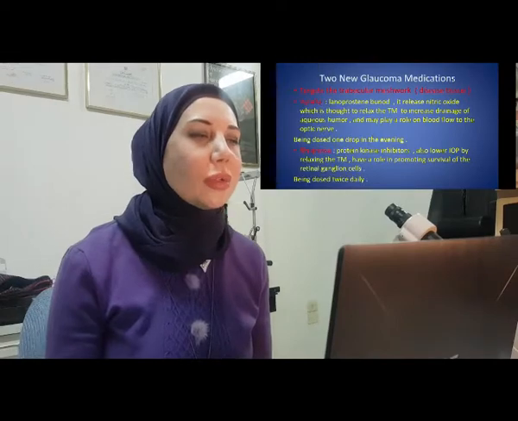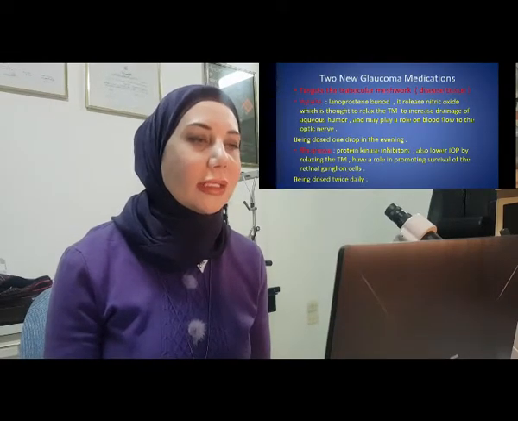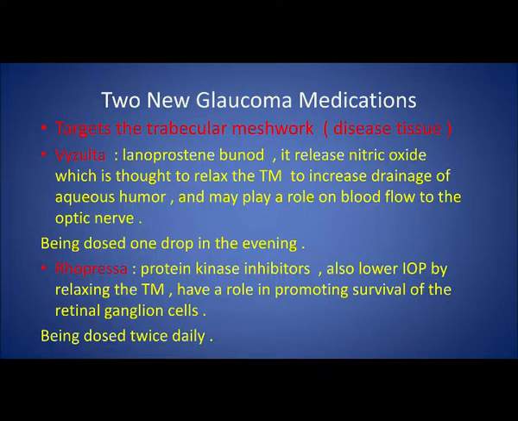Should a glaucoma suspect be treated differently than a patient who has the disease? No. We always begin with medical treatment, eye drops. And we suggest brimonidine because of its neuroprotection advantage. And it's a good chance for me to mention two new glaucoma medications that target the trabecular meshwork tissue. Vesneo and Rhopressa may play a role in blood flow to the optic nerve and promoting survival of the retinal ganglion cells.